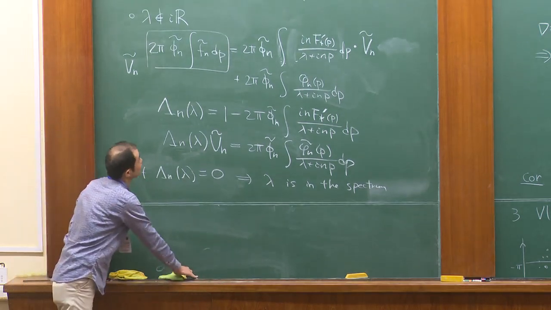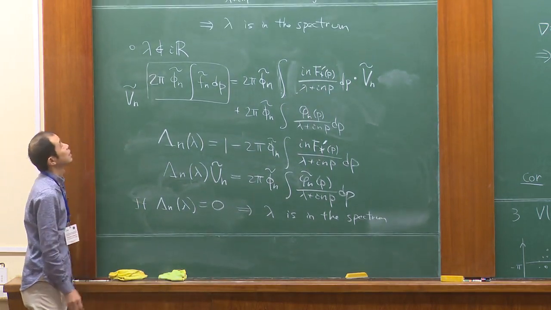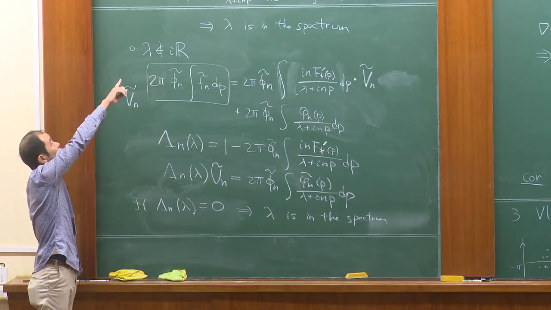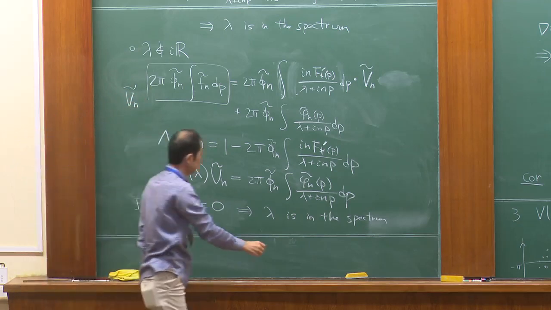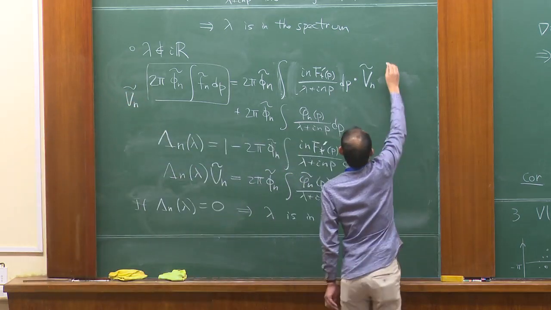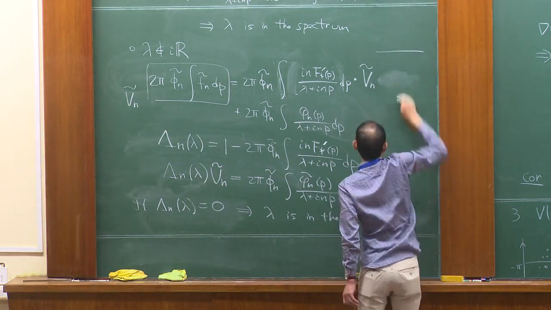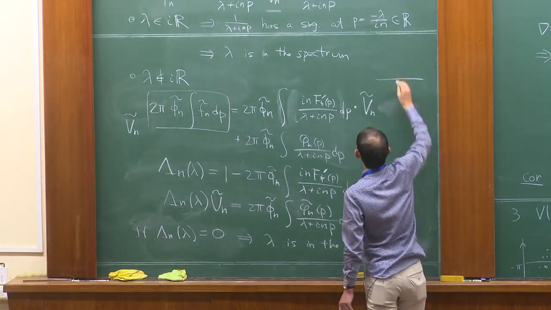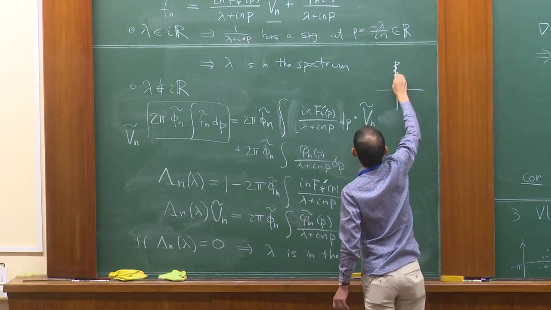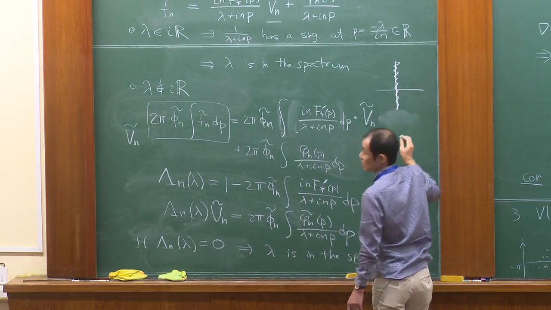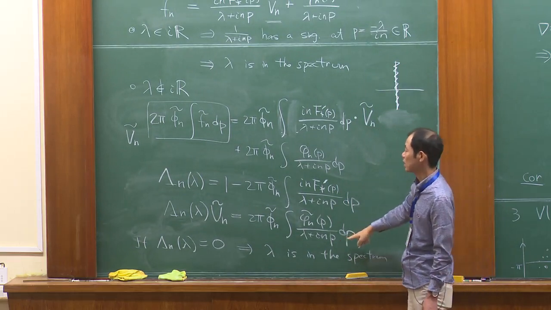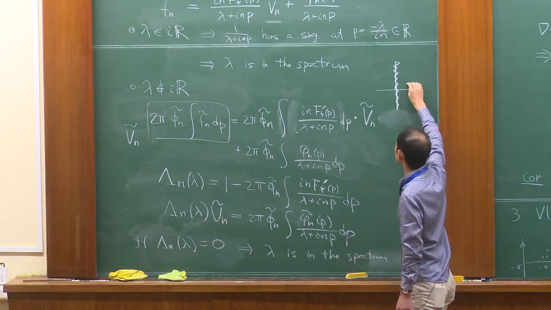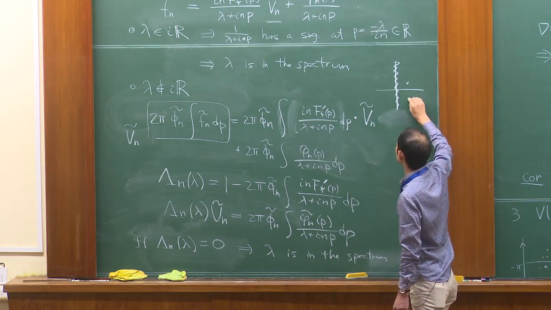And one important comment is now we have lambda in iR is in spectrum, so it means we have continuous spectrum on the imaginary axis. And then the root of lambda n is a discrete point.